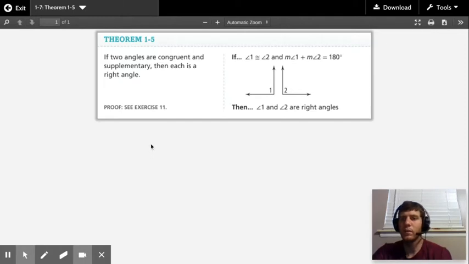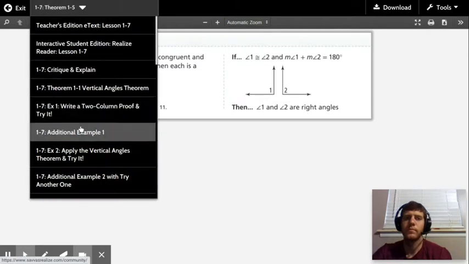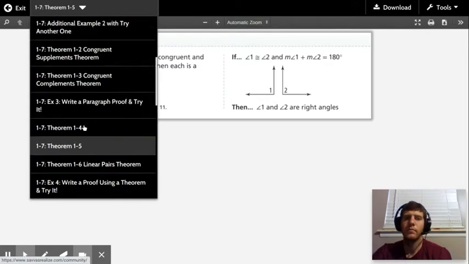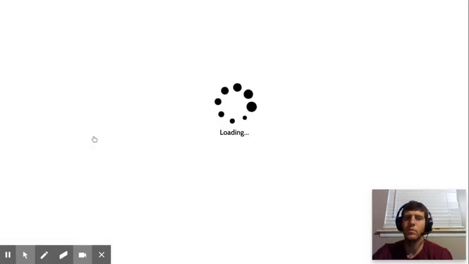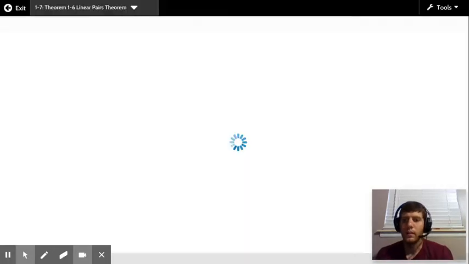And if they're congruent, we would have to do 180 divided by 2, and so that's 90 degrees and 90 degrees. So if we know two angles are congruent and supplementary, then we can say that each one of them is a right angle. And we will go through these proofs in class together.